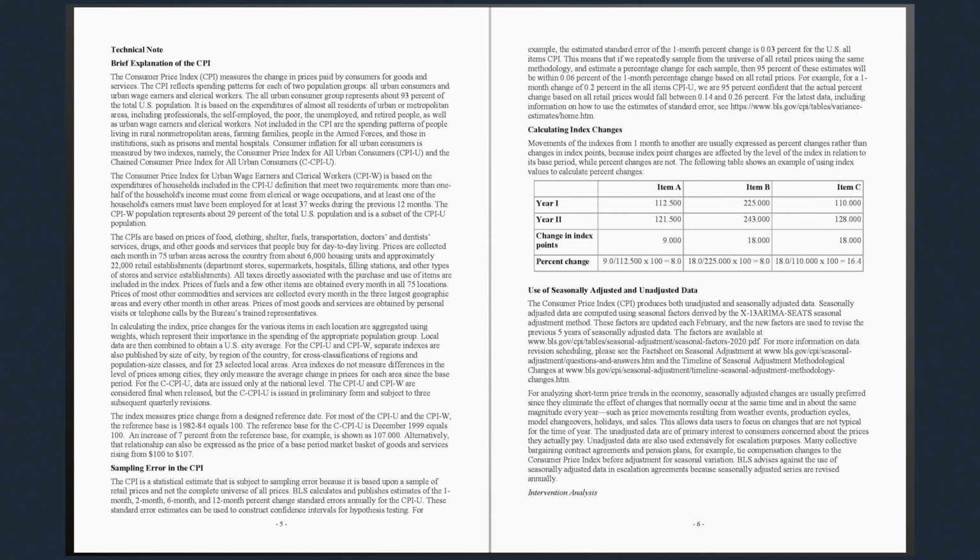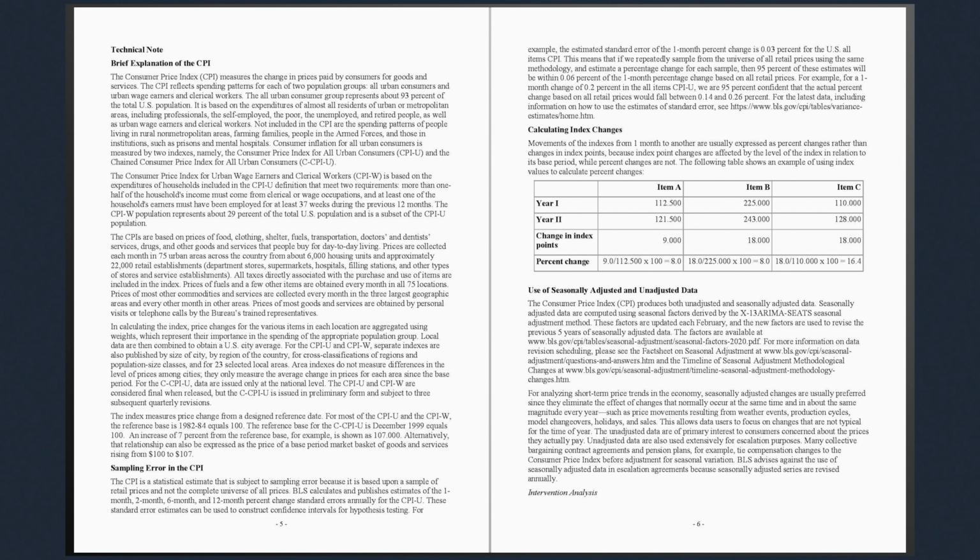The CPI-U and CPI-W are considered final when released, but the C-CPI-U is issued in preliminary form and subject to 3 subsequent quarterly revisions. The index measures price change from a designated reference date. For most of the CPI-U and the CPI-W, the reference base is 1982-84 equals 100.